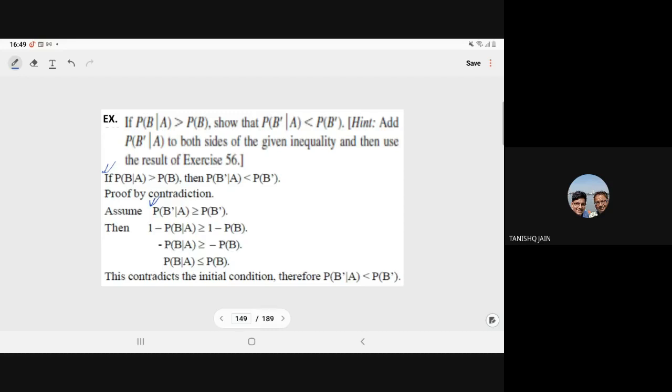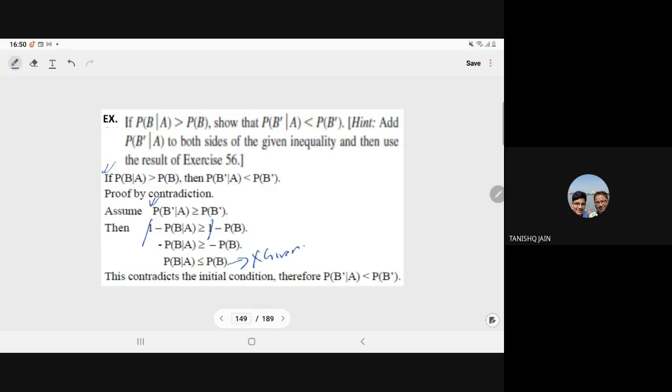So this becomes 1 minus P of B given A greater than or equal to 1 minus P of B. 1 and 1 cancel out, and here we have the minus only. When we multiply by the minus, the sign of the inequality changes. So it gives P of B given A less than or equal to P of B, which contradicts the given condition.